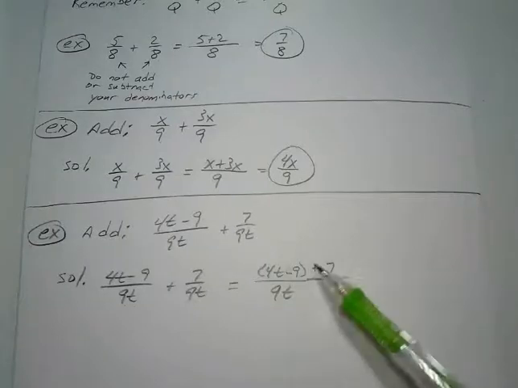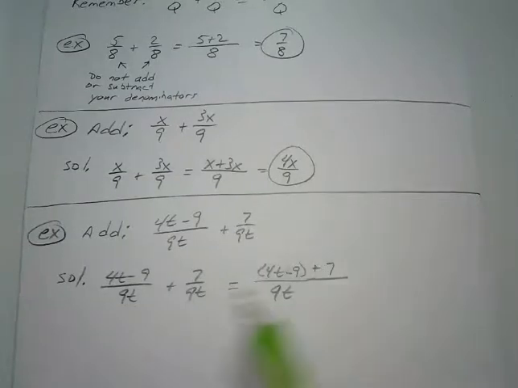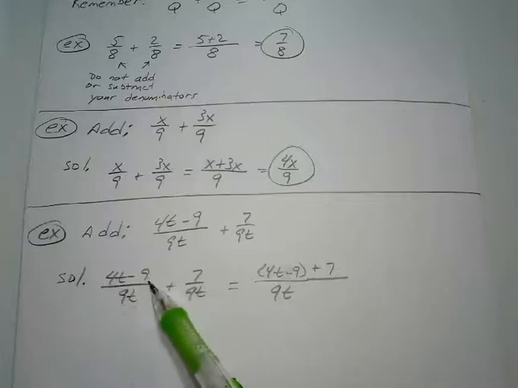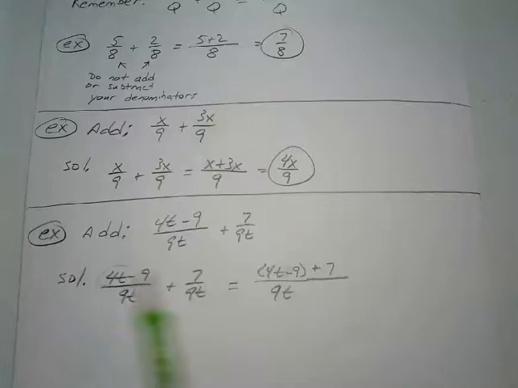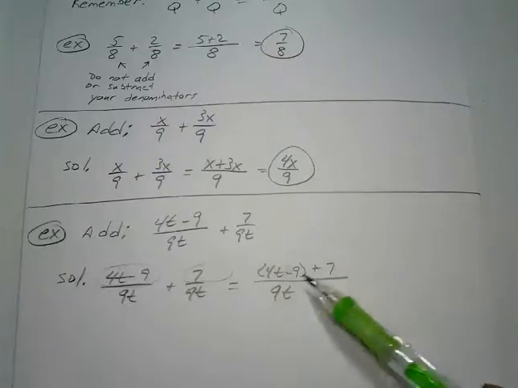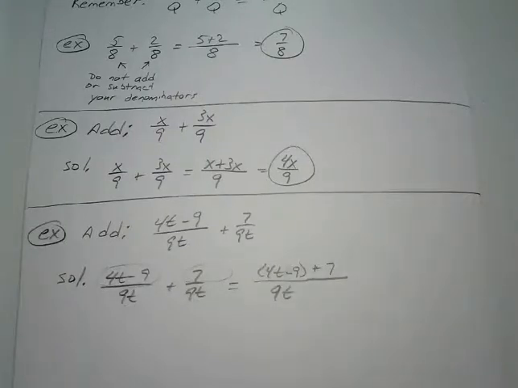If you notice here, I put a parenthesis around this first numerator, because remember, you're adding this entire numerator to this entire numerator. It's not so important with addition, but with subtraction, these parentheses can make the difference between the right answer and wrong answer.